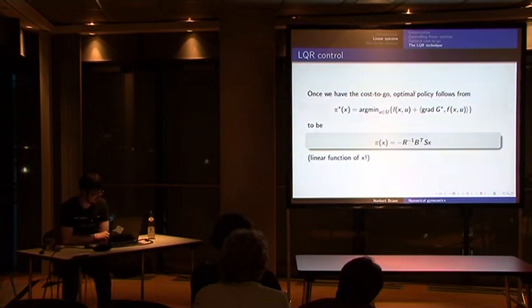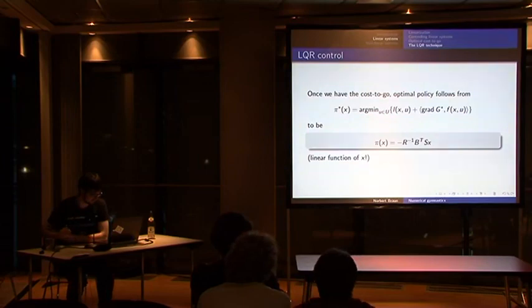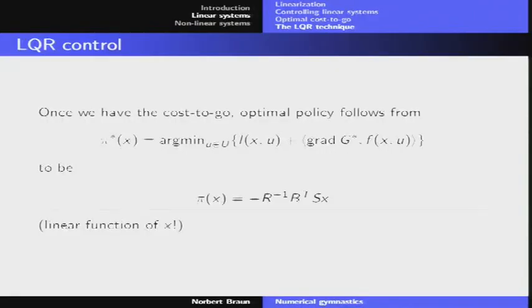Yeah, and we get the optimal policy, and what's possibly interesting is that the optimal policy is just some linear function in our position. So we have to know where we are, and we calculate a linear function, and we know what to do.